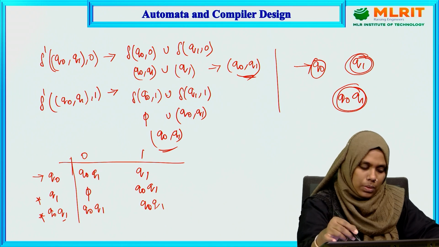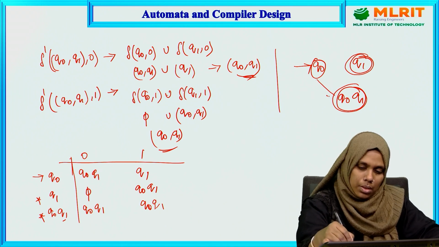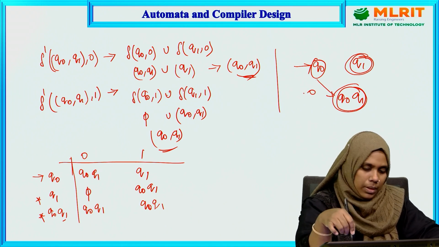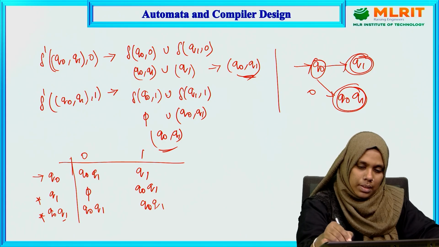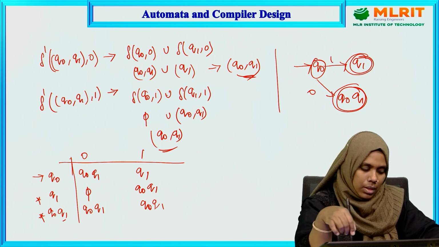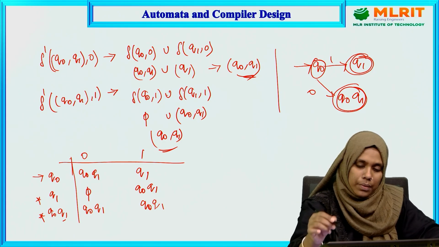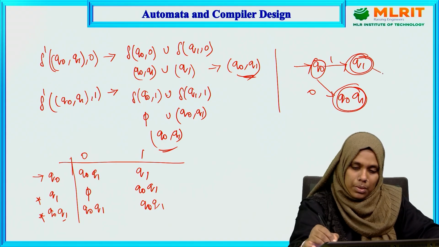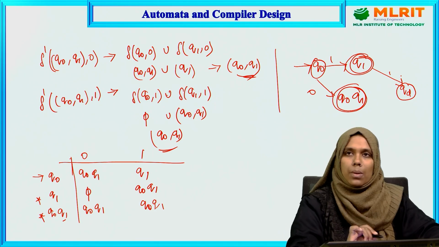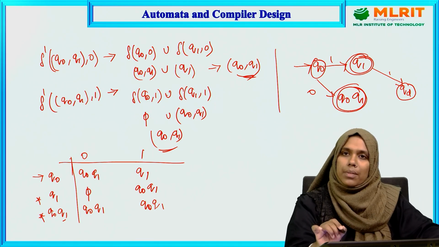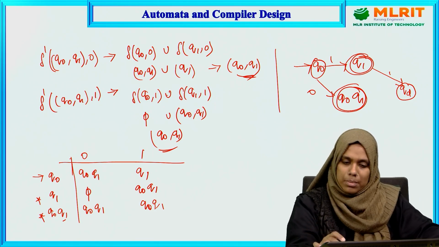q0 of 0. What is q0 of 0? q0 q1. What is q0 of 1? q1. What is q1 of 0? Phi. For q1 of 0, we don't have anything, so for that we can introduce one state known as the dead state, and we can give it a simple 0 transition. Whenever in a DFA we don't have any transition, we can simply introduce one state known as the dead state.